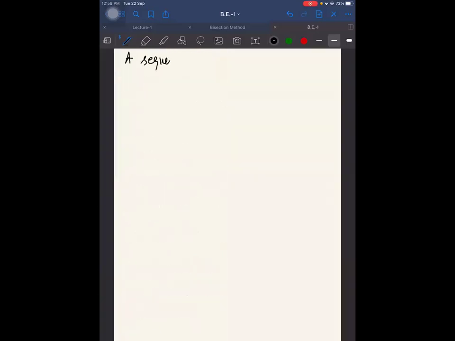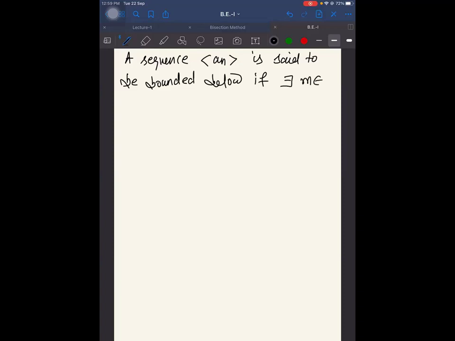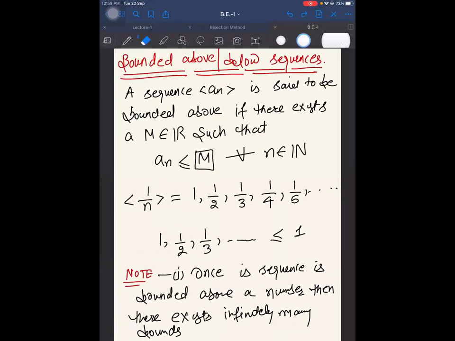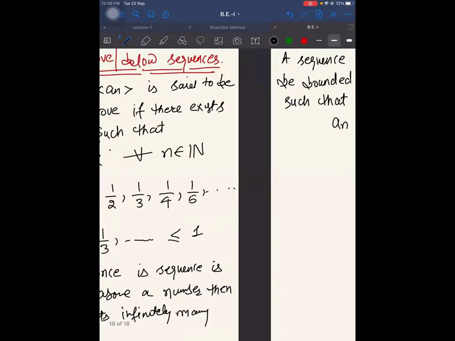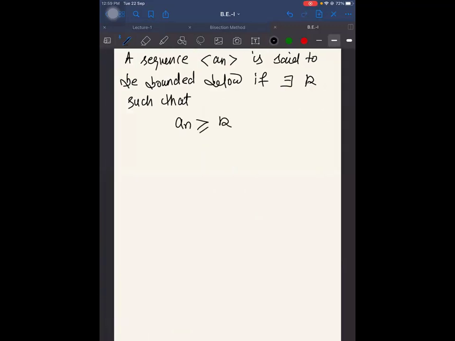A sequence a_n is said to be bounded below if there exists small m belonging to R. I would say that small m we keep using, and we use it in the definition of sequence as well, so instead of m I will use small k, just to differentiate between the notations. If there exists small k such that a_n, earlier we wrote less than or equal to k, now we will write greater than or equal to small k, right?